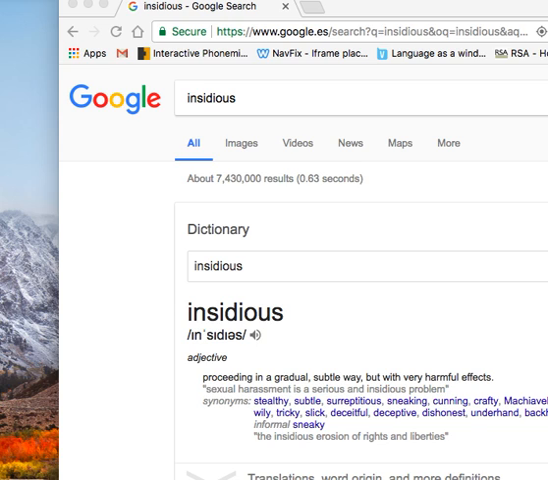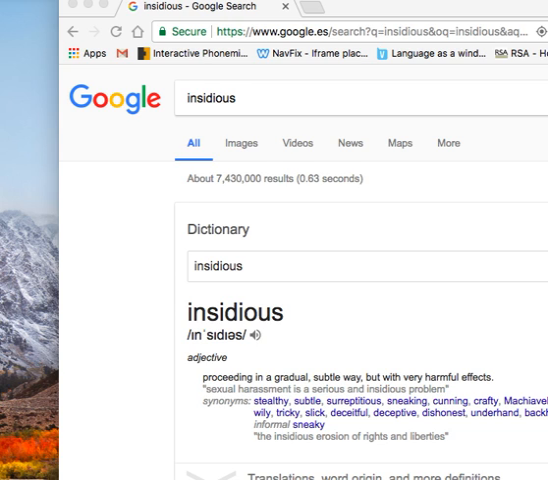If I open up the dictionary, I see insidious is an adjective. It means proceeding in a gradual, subtle way, but with harmful effects. For example, sexual harassment is a serious and insidious problem.